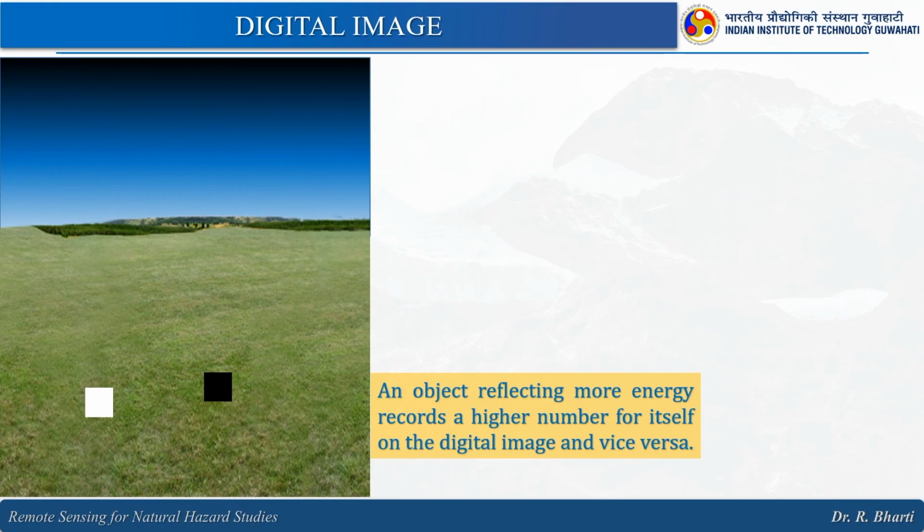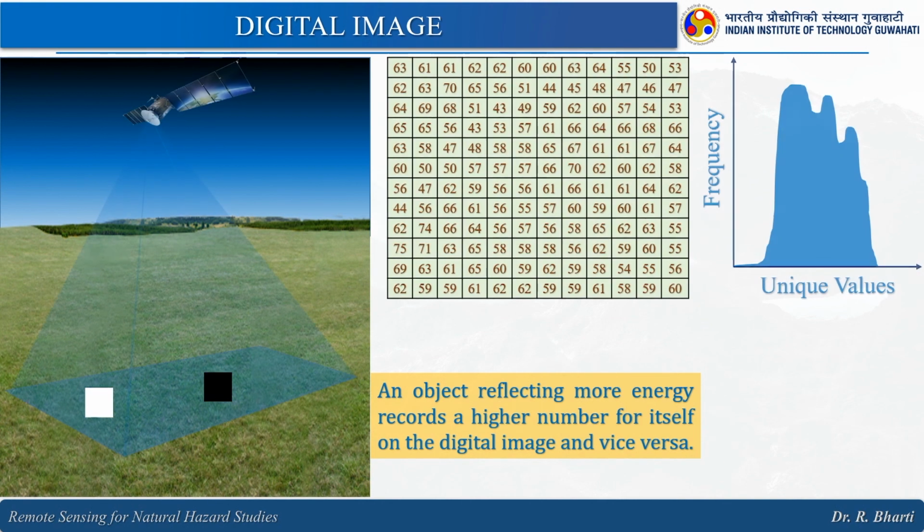So here you can see this is one image that we are trying to generate, right. In this slide I want to explain this dark and bright object concept. So here you see this particular satellite is looking at this particular section of the ground, and here we have one bright and one dark object.